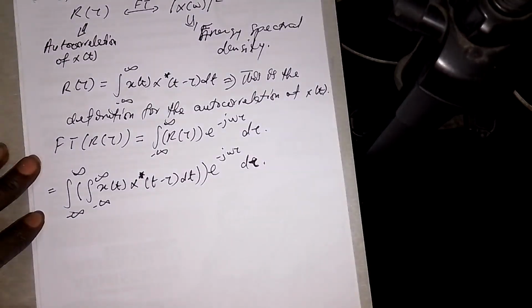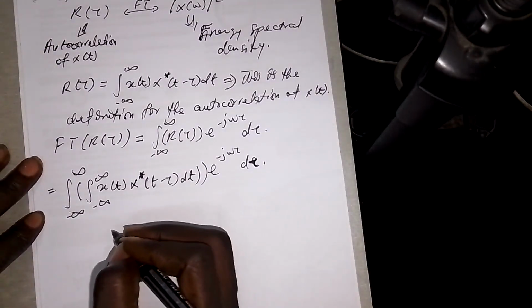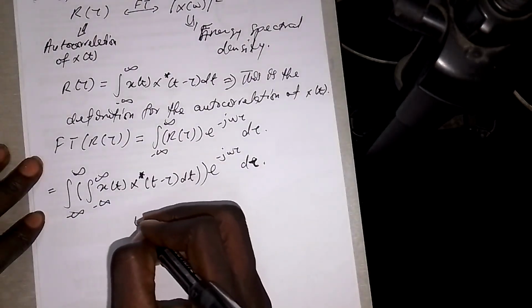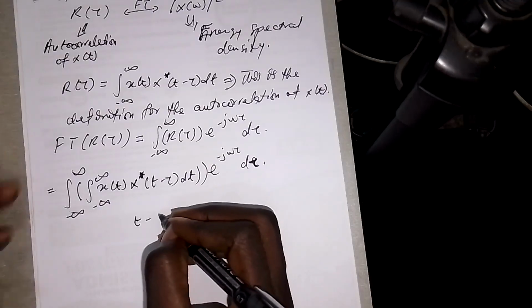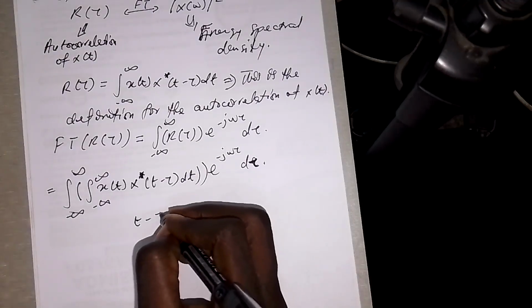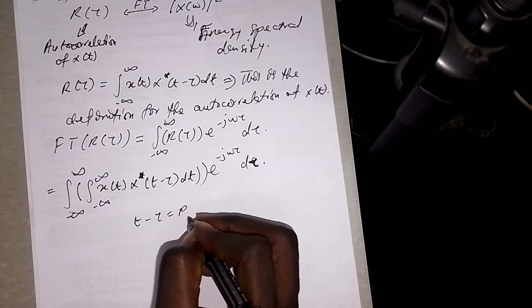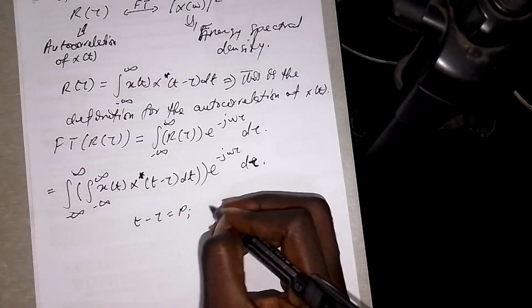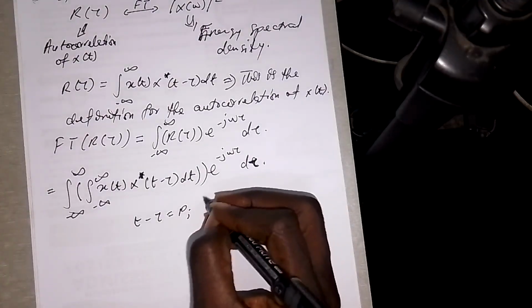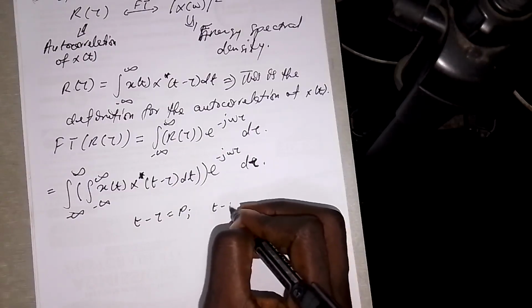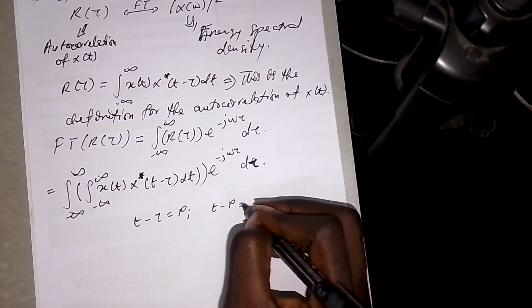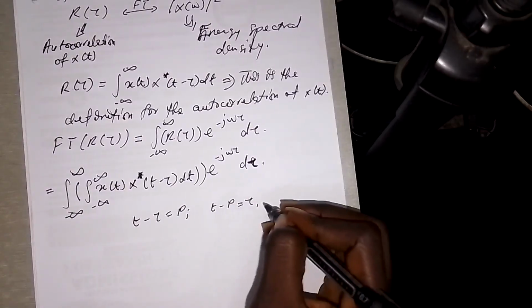Now if I say that t minus tau is equal to p, then that means t minus p is equal to tau.